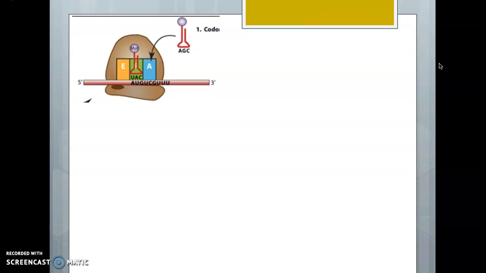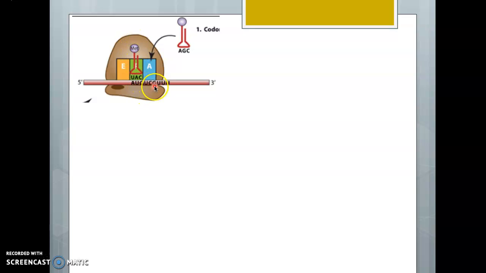And here's our picture. It's a different set of pictures than what I was using in the first one, but you still see here's the messenger RNA. There are bases in front of the AUG, but we're starting here with the AUG because that's the start codon. This tRNA happens to look like an Erlenmeyer flask, but it's got methionine attached to it.